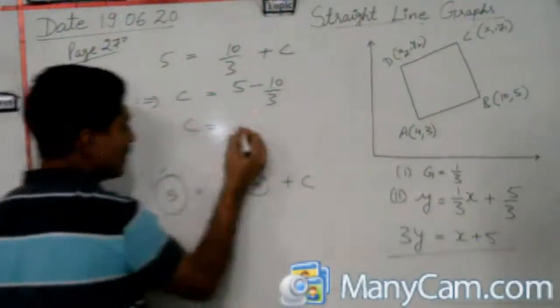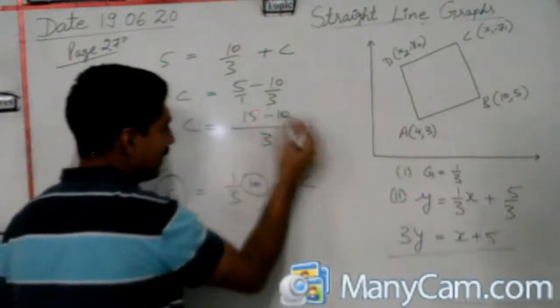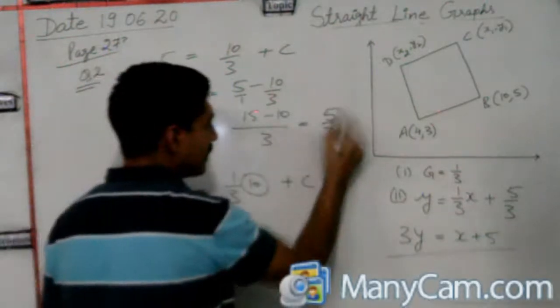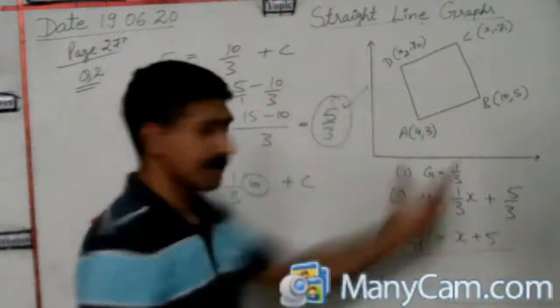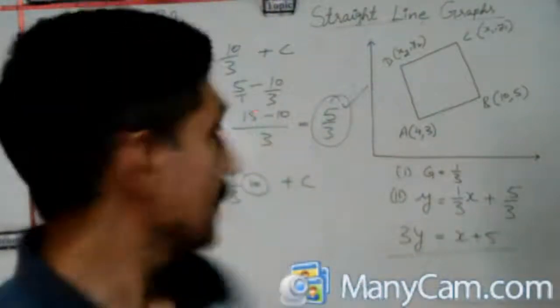So c is equal to, LCM is 3, (15 minus 10) upon 3, that is equal to 5/3. So in any case, I hope you are very much clear with this point.